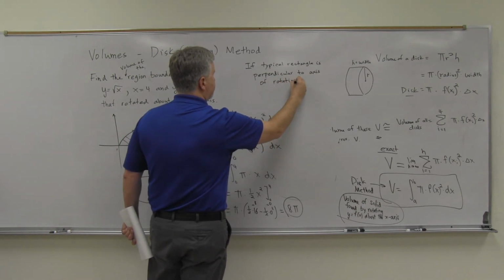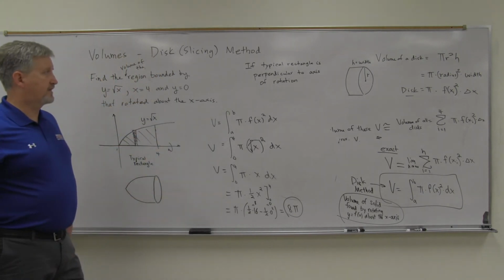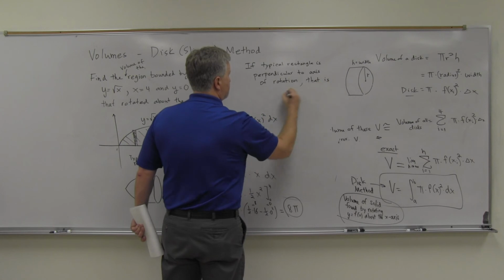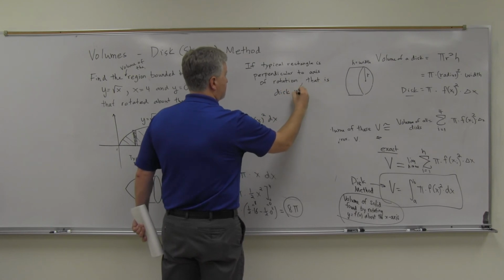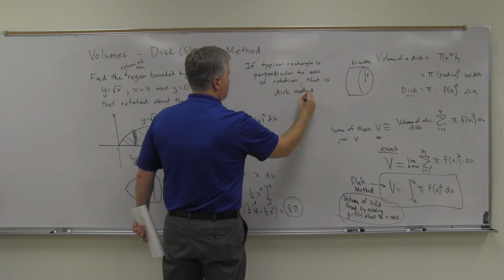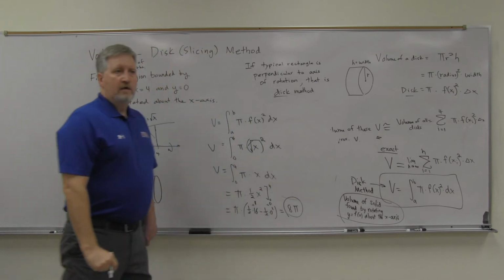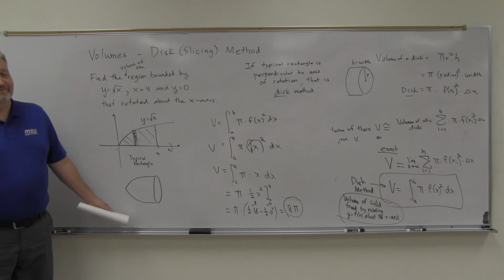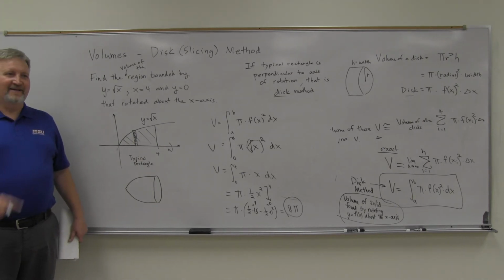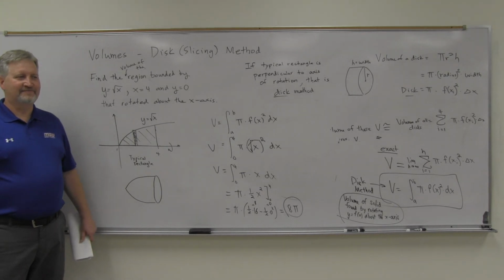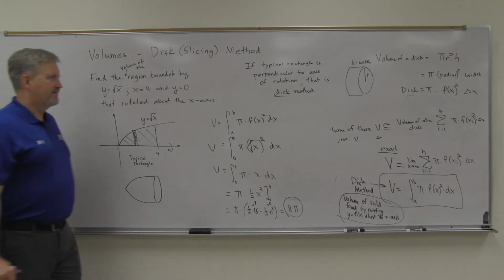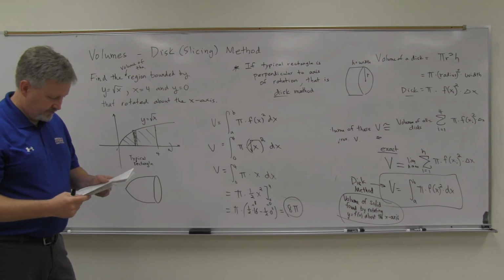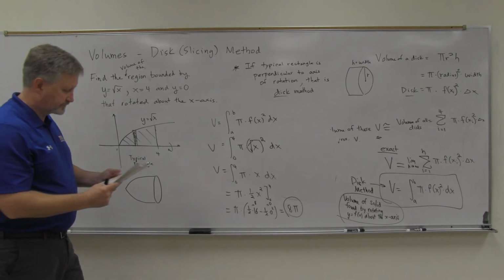If typical rectangle is perpendicular to axis of rotation, that is disk method, or slicing method. All right. May not seem that important right now because disk method is all we've got, but we'll get another method or two here. And that little note will definitely come in handy down the road.